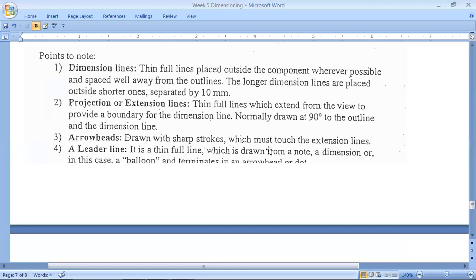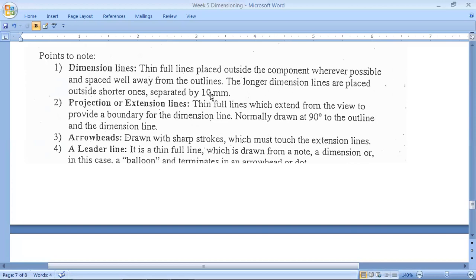For number 1, dimensioning line: a thin full line placed outside the component wherever possible, with a space away from the outline. The longer dimension lines are placed outside the shorter ones, separated by 10 millimeters, though 10 is not a standard.